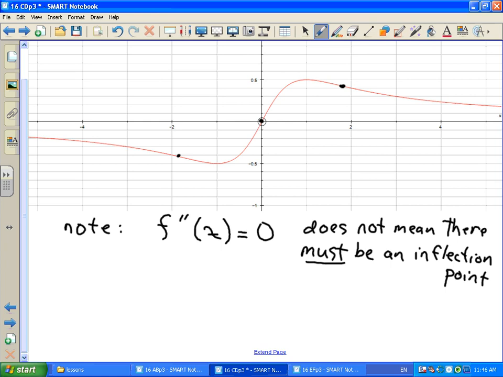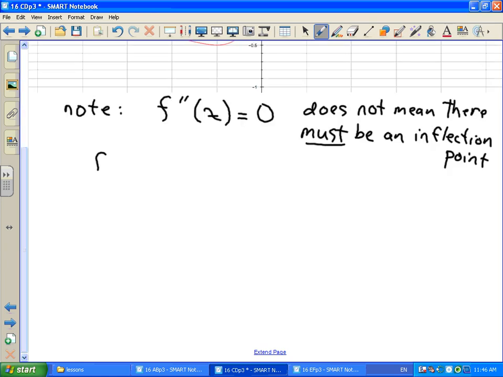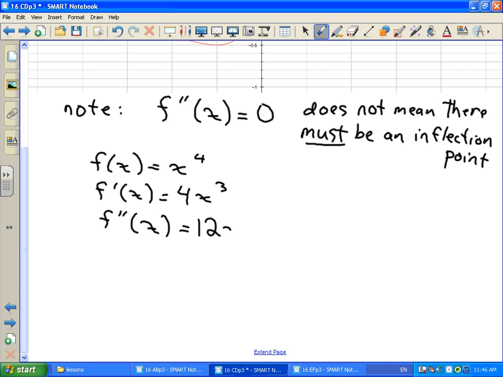So an example would be something like f at x equals x to the power of 4. We take our first derivative. We take our second derivative, okay, and we set it equal to 0. Where is our second derivative equal to 0? At x equals 0.